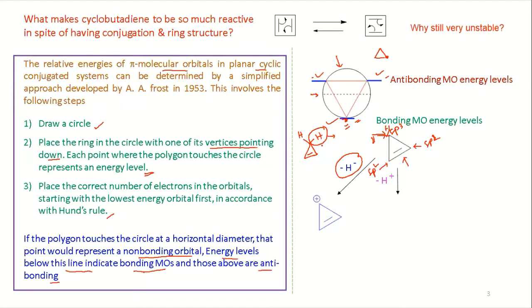H plus has no electron, the hydrogen comes out leaving its electron, so the bond pair remains and this system will be an anion. And if you are taking out the hydrogen atom, then what will it produce? Who can tell? A hydrogen atom, radical. Good. So if you take out the hydrogen atom, you will have a radical.